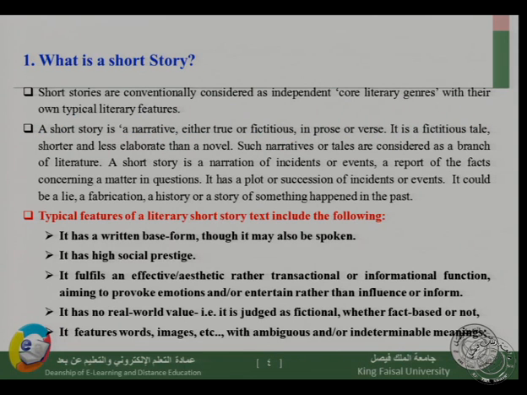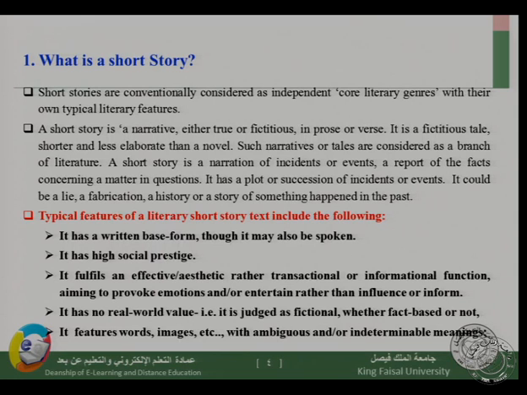Okay, now what is a short story? What is a short story? Now you ask yourself, a short story is like the hardcore of literature. It has its own literary genre by itself.